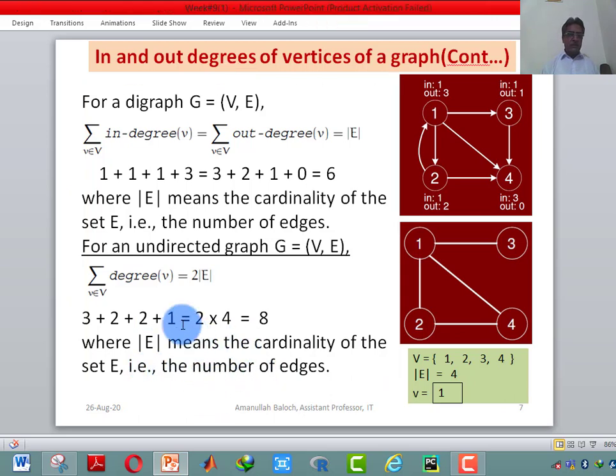These were the equations which were satisfied when we found the in degree and out degree of a graph. So this equation must be satisfied when we find in degree and out degree of a graph.